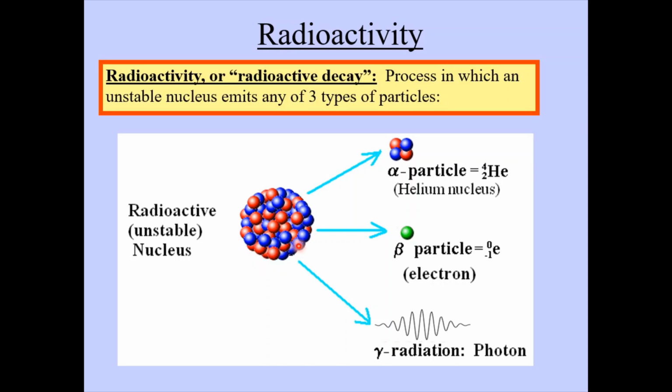So this nucleus is radioactive. So what does it do? Well, it is going to release one or more of three types of radiation. The first one is called the alpha, the second is the beta, and the third is the gamma. So the three types of nuclear radiation are alpha, beta, and gamma.